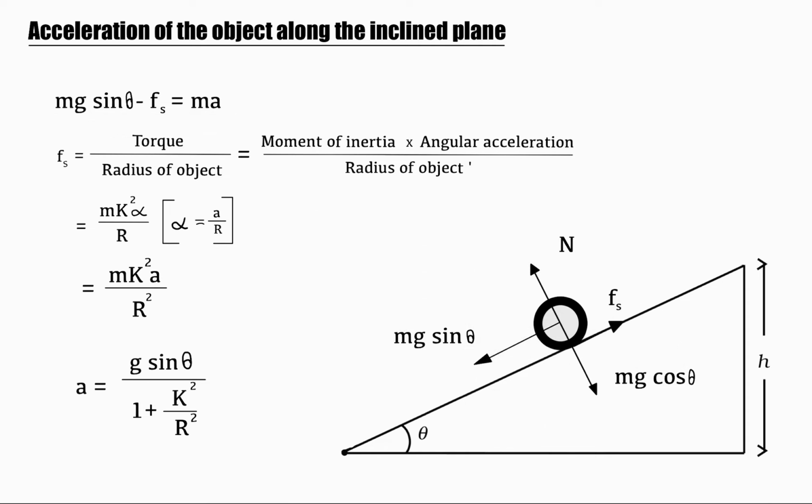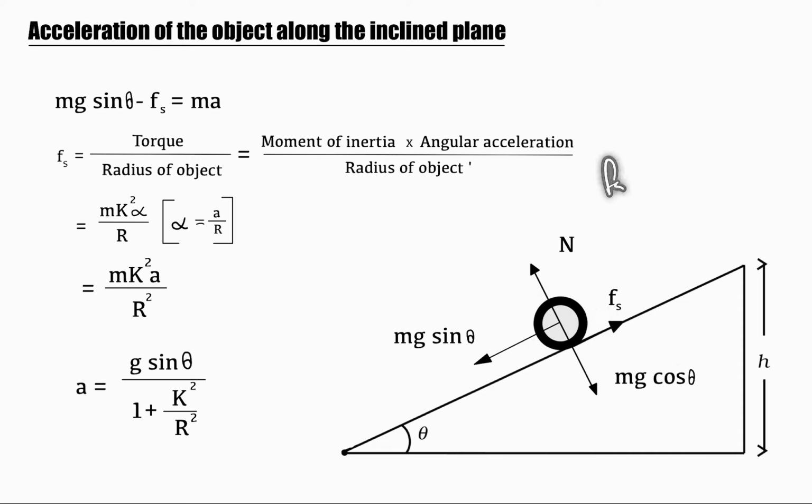Getting into the rotational side, we can say this object is rotating, and this is the center of mass. The tangential force acting in this direction will be Fs, and Fs creates a torque which causes it to rotate.